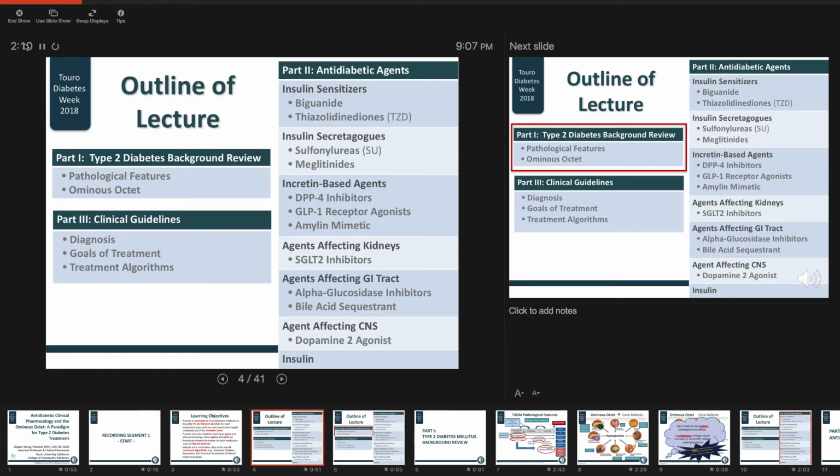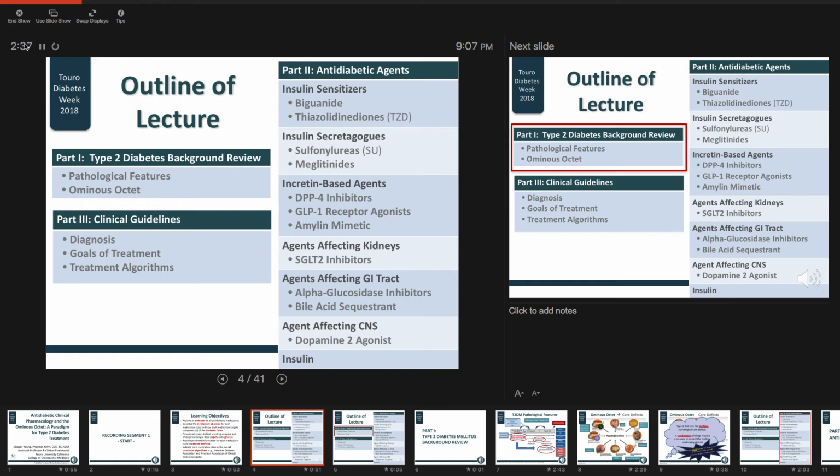So here is the lecture outline. I've structured this lecture into 3 parts. Part 1, we focus on the pathogenesis of type 2 diabetes. Then we move on to talking about the agents by class and also by specific agents. Then part 3 would be the clinical guidelines.